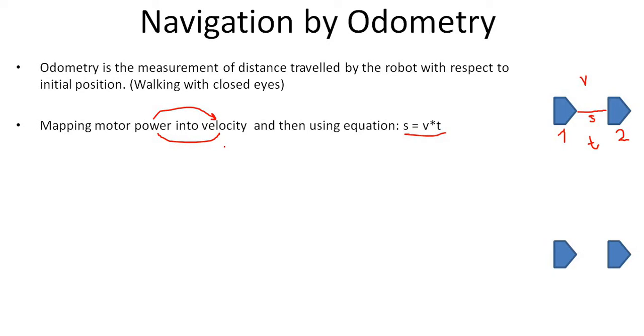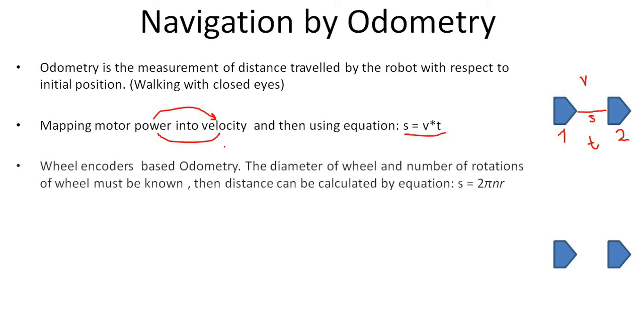Sometimes the relationship is not linear, it is non-linear. Sometimes there are other environmental factors that affect this. So this type of odometry is not accurate. So let's see what other types we have available, how we can do odometry using other methods.